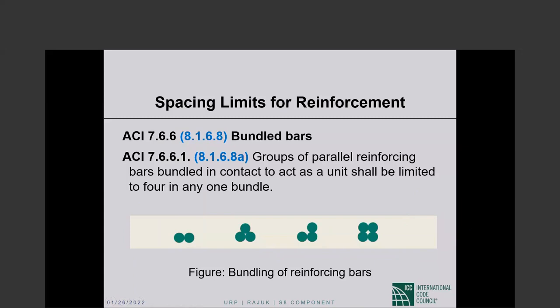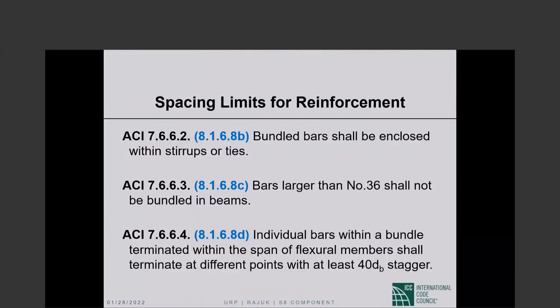You then bundle the bars because the spacing will then be counted between the bundles, not between individual bars. Bundle bars shall be enclosed within ties or stirrups, just like column bars. Bars larger than number 36 shall not be bundled in beams. In columns you can do it, in beams you cannot.